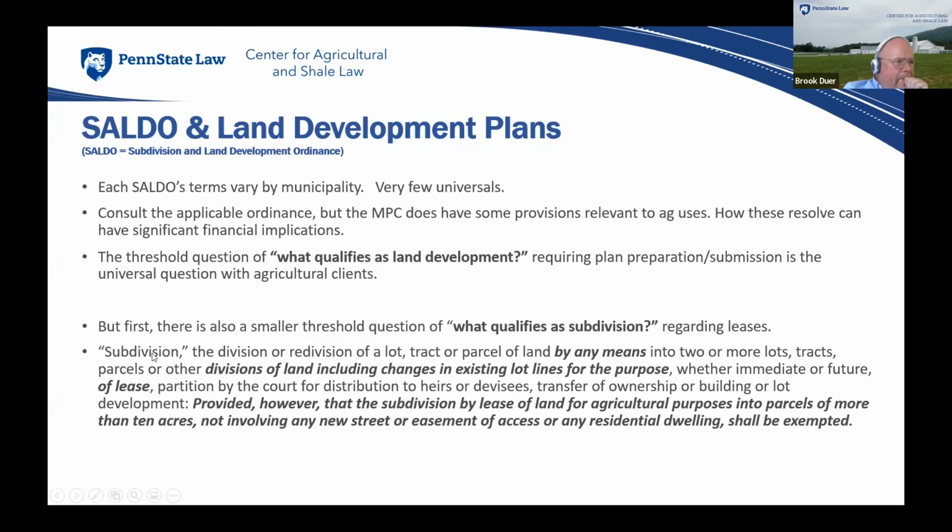So there is actually a provision in the MPC that does talk about this issue a bit.